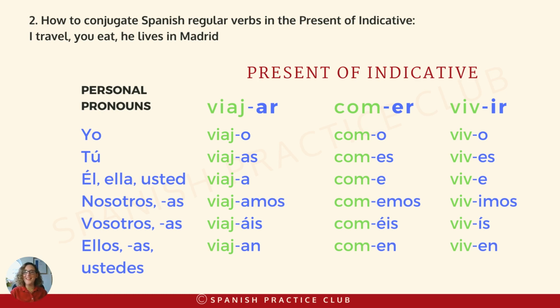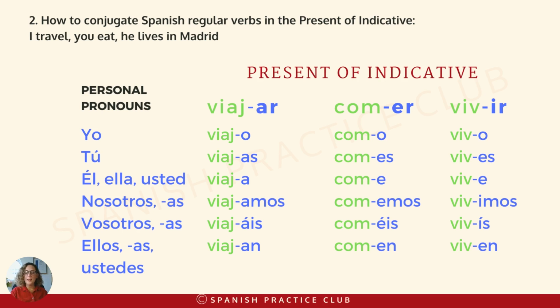And let's have a look at the endings for the third person of the singular and then the plurals. So él, ella, usted viaja. Nosotros, nosotras viajamos. Vosotros, vosotras viajáis. Ellos, ellas, ustedes viajan.